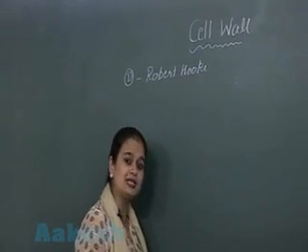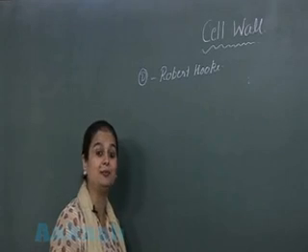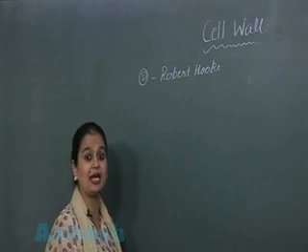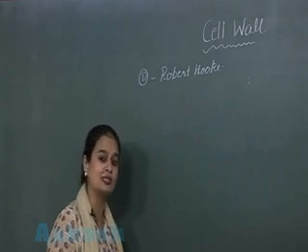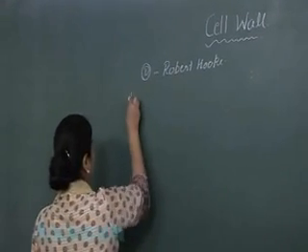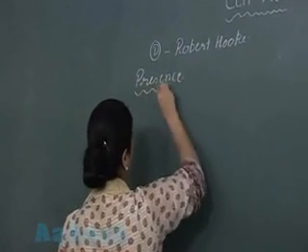Now the cell wall is a rigid protective covering which is present in the plants, in the prokaryotes, fungi, as well as also seen in several protists. So here I will be writing the occurrence of the cell wall.